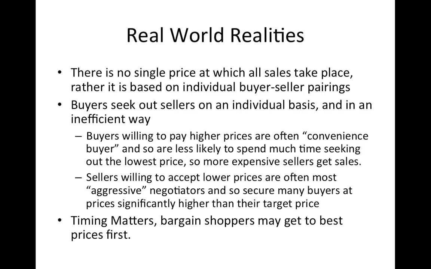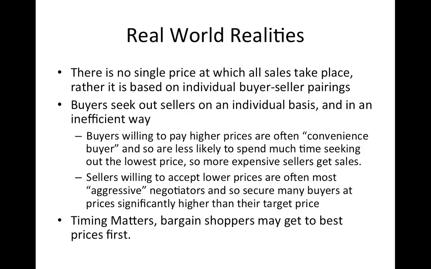So again, no single price at which all sales take place. There are individual pairings and negotiations, and that's what results in this. The buyers and sellers tend to seek each other out in an inefficient way from the perspective of the economic model. But we believe these behaviors exist.